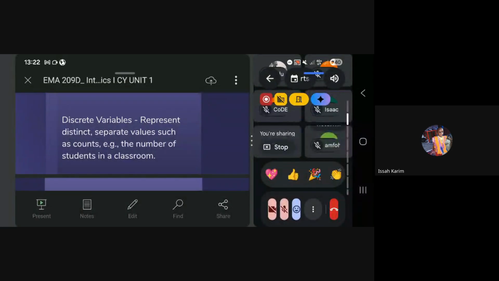For today's lesson, we dealt with so many things. We looked at the introduction of basic statistical concepts. We also looked at some learning objectives for today. Then at the end of the day, we're able to understand what statistics is, which we said is a science that deals with the collection, organizing, analyzing, interpreting and representation of data.